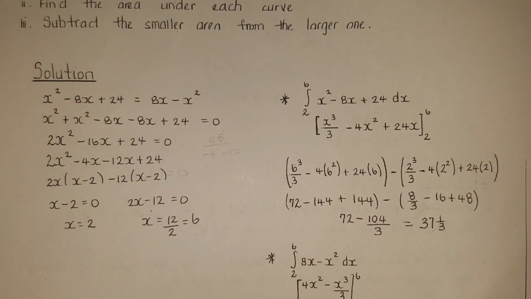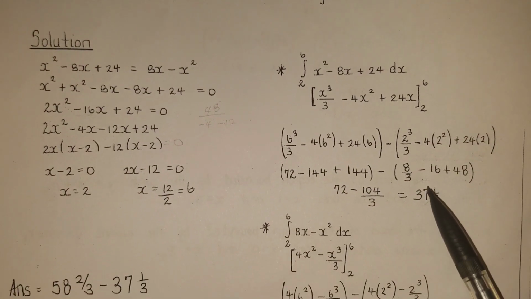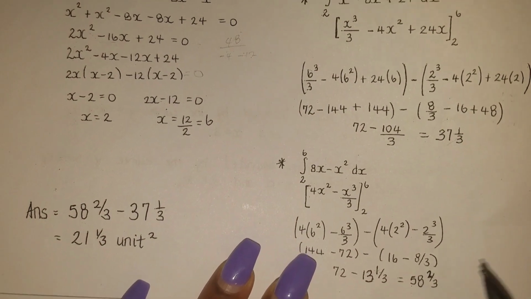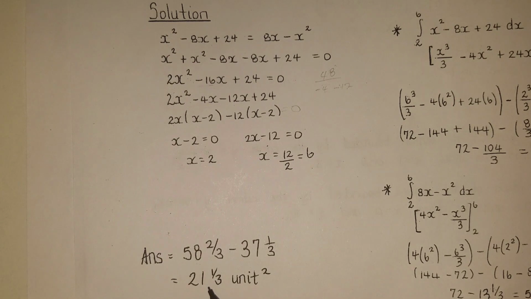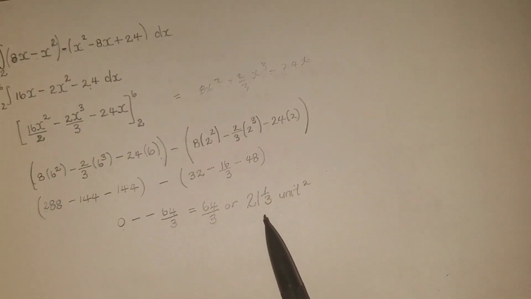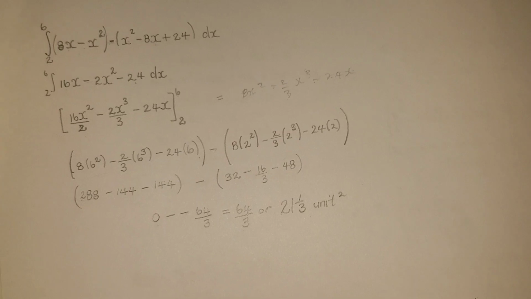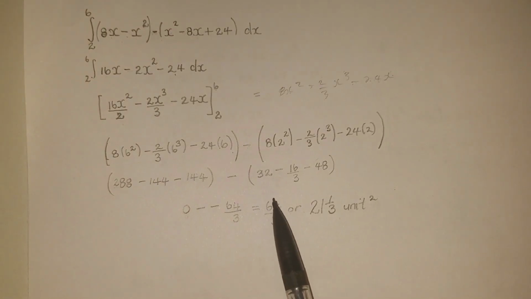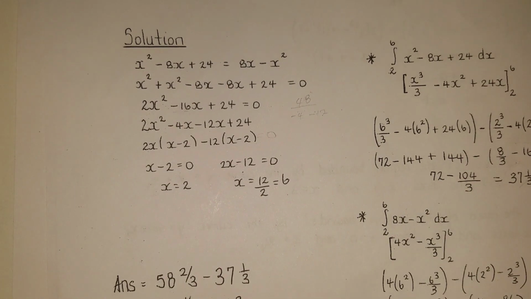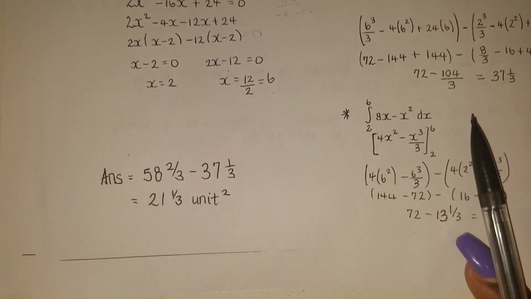And then we will simply subtract the smaller value from the larger value, giving us the same answer that we got in the previous solution, 21 1/3 units cubed. So this method is much shorter, but whichever one you're comfortable with, stick to it. You will get the same answer.